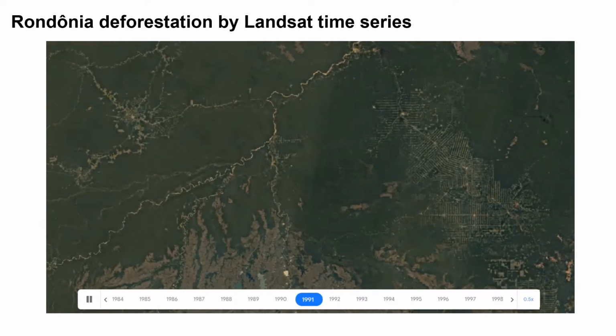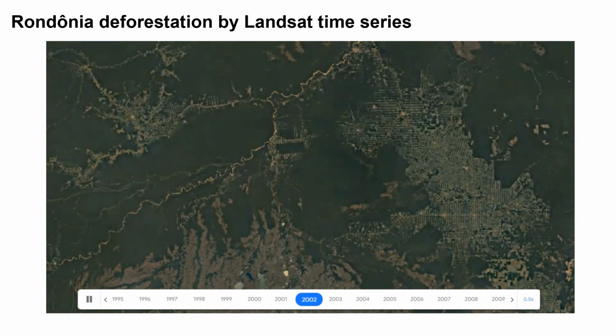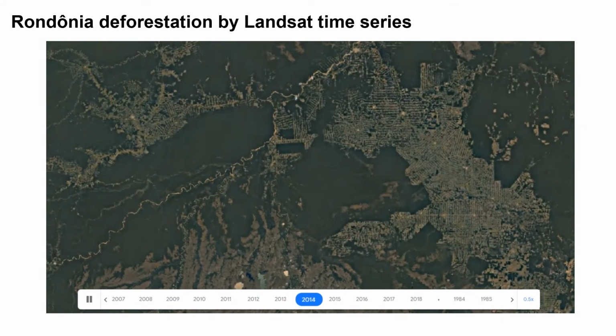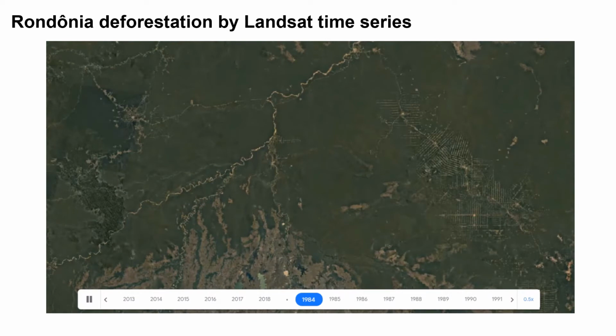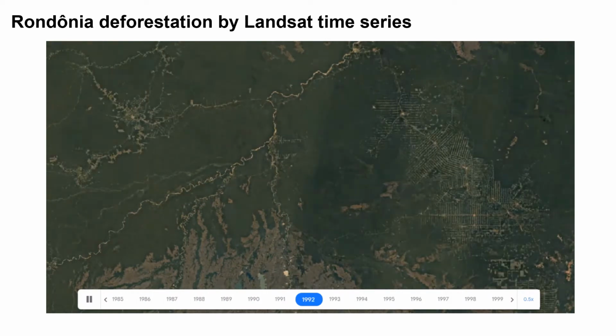Here we have the Landsat time series from 1984 till 2018, showing the deforestation of a Rondonian region in Brazil.